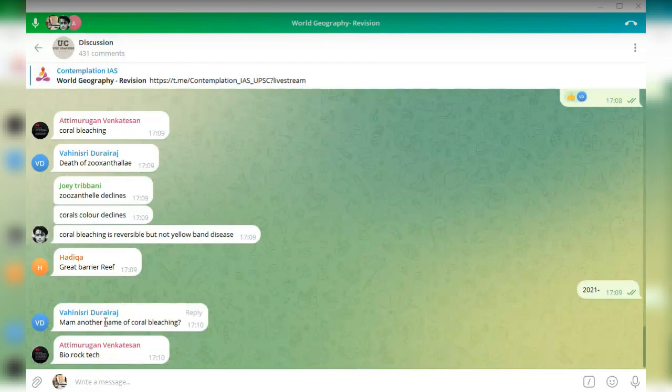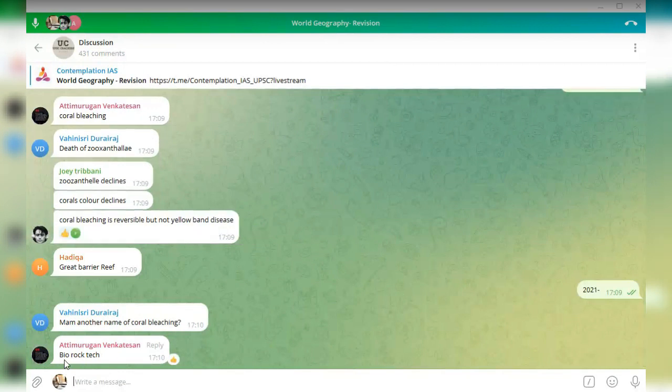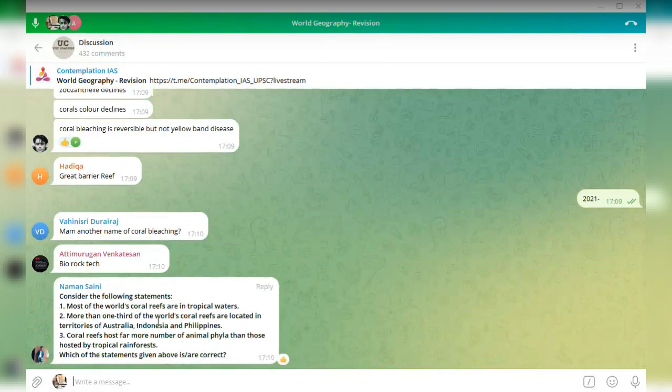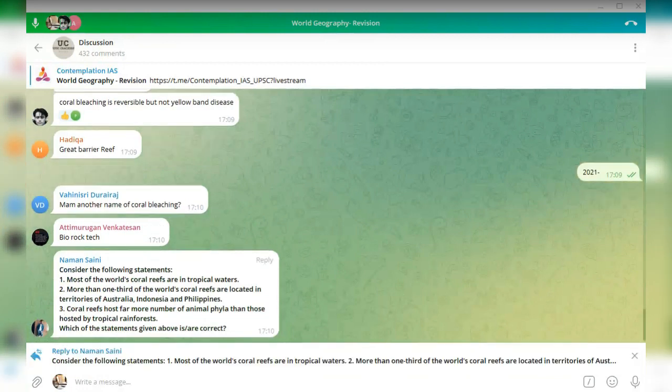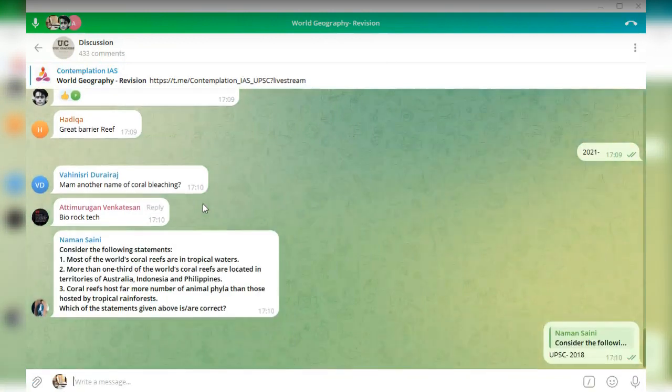If anyone can bring that question here. Just Google biowork technology UPSC prelims question. You would get it. It was asked in 2020. Exactly. So this was the UPSC 2018 question. That's great, Naman, that you did not put the options.